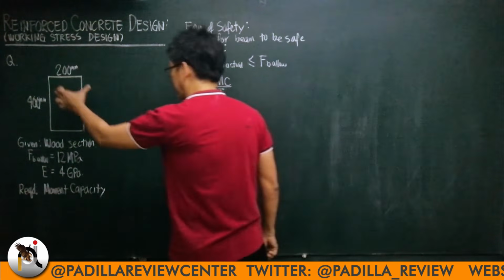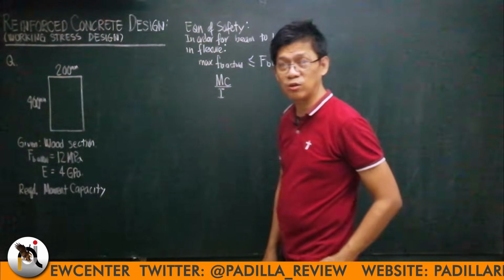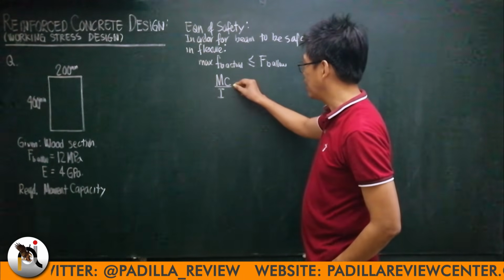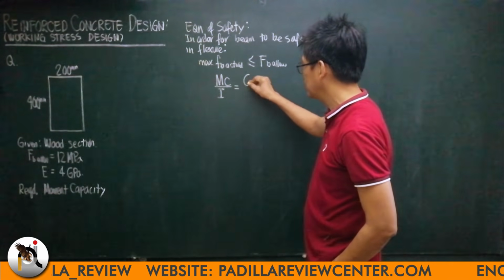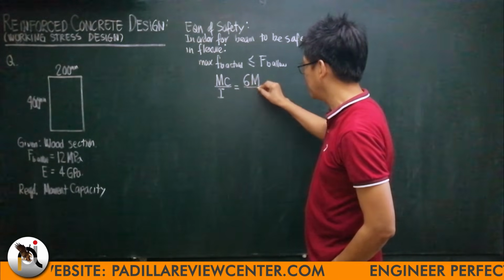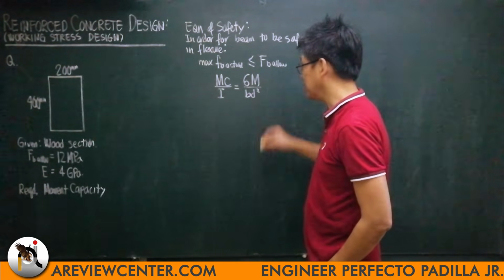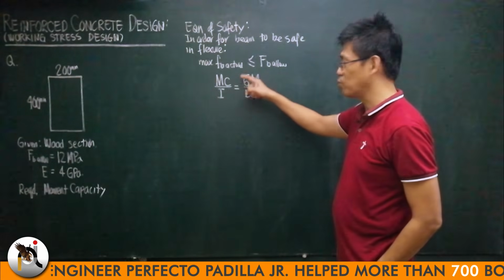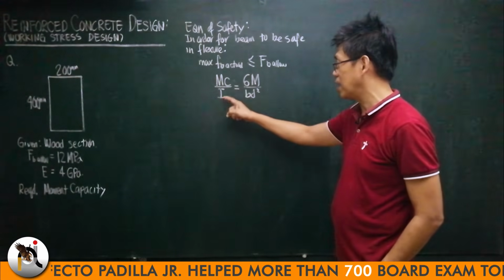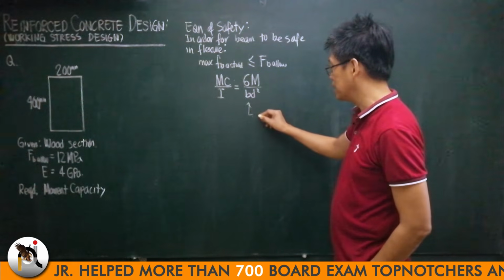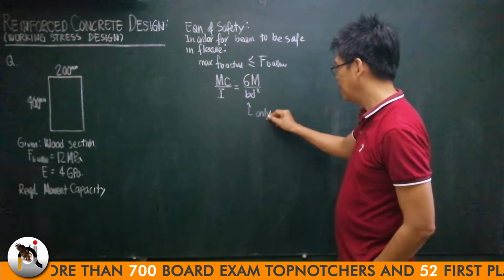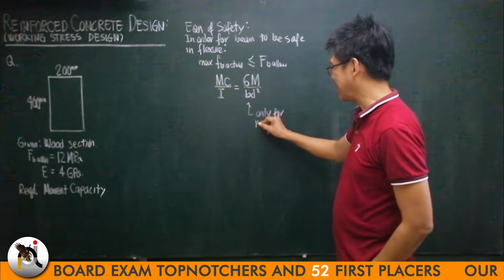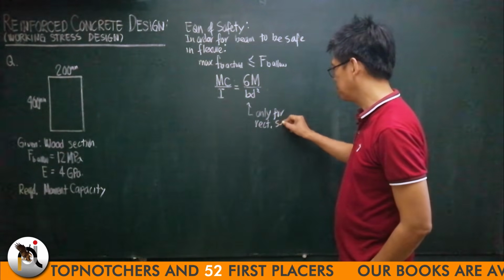Our section here is rectangular. MC over I will reduce to 6M over BD squared. Let me emphasize this. The 6M over BD squared conversion of MC over I applies only for a rectangular section.